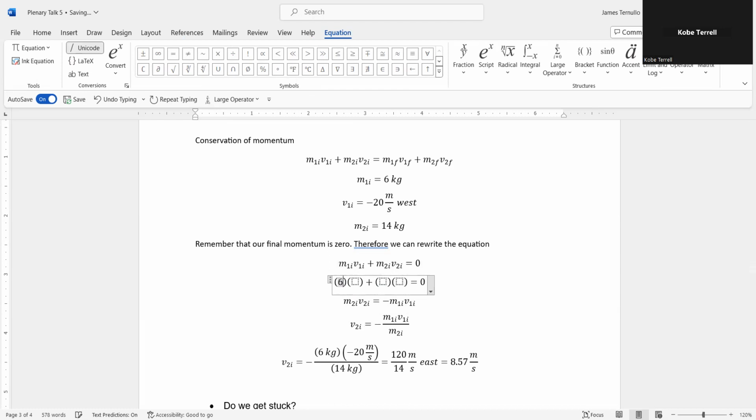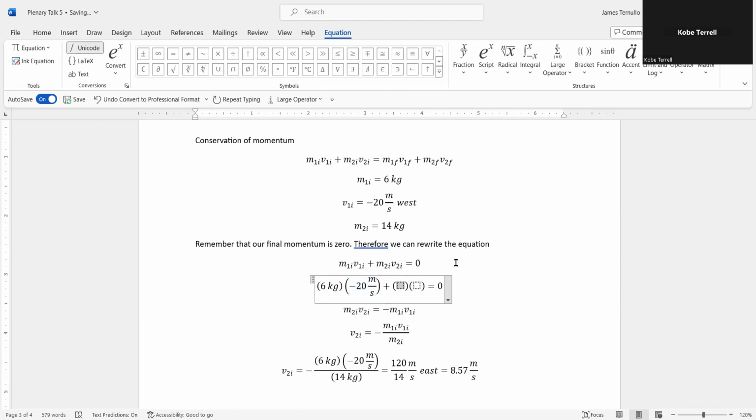So M1 is 6 kilograms. Let's make sure that we leave these units in here. Velocity is negative 20, and then U2I.